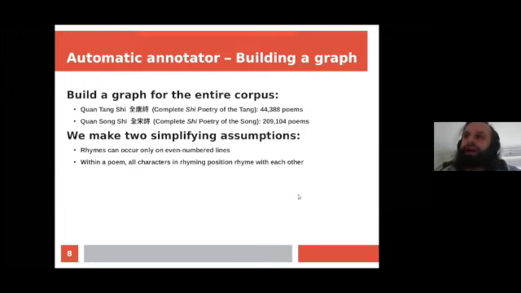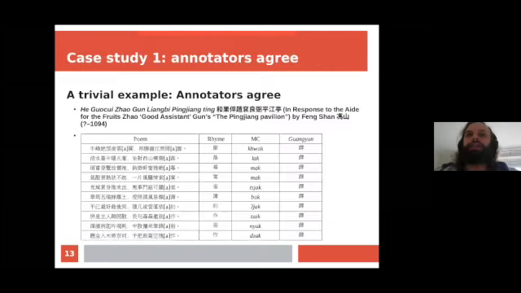If I had taken every single character to be potentially rhyming, it would have generated so much noise. You would have said, oh, I think every single character rhymes with each other. The noise would have drowned the signal. Take any poem: here we have 10 characters in rhyming position, and we are creating a graph with these 10.